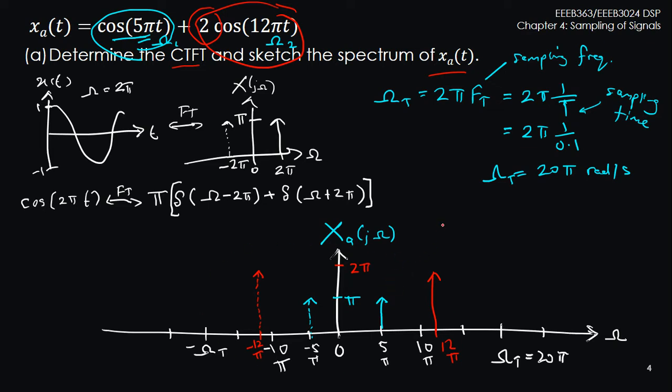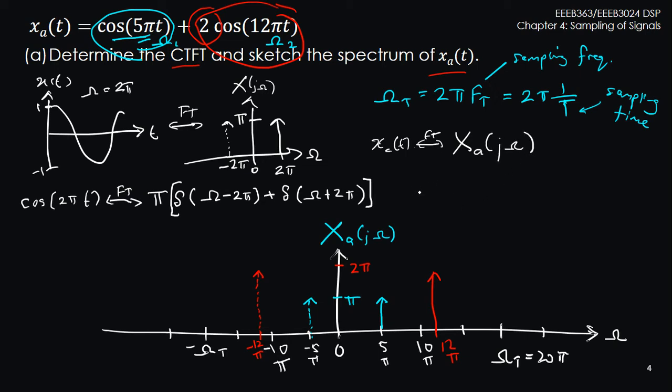If you need to write down the equation, as you've seen us write the equation over here, we're going to do the same. Let's make some space. For the CTFT equation, we can write xa of t, its Fourier transform will be capital X a j omega, and we can write that as the cosine component.